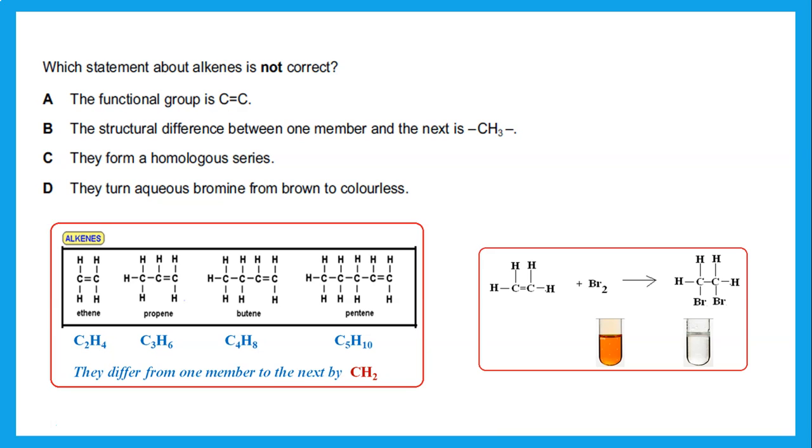Now, when it says they turn aqueous bromine from brown to colorless, that is correct. Remember, the test for alkenes is that when you add bromine water, the color changes from reddish brown to colorless. So the one that is not correct is the one that says the difference is CH3, because actually the difference from one member to the next is CH2.